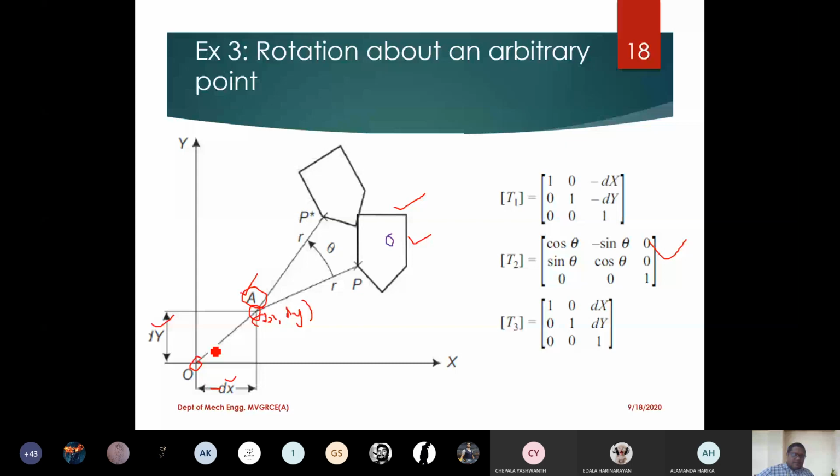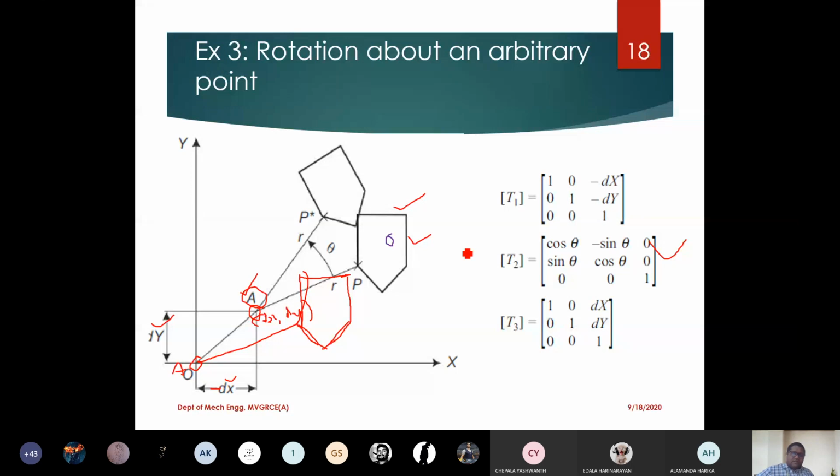So I'm using red color. A matches to this, and this straight line would also be something like this, and the object will become like this. So this is after applying the first fundamental transformation called translation T1.